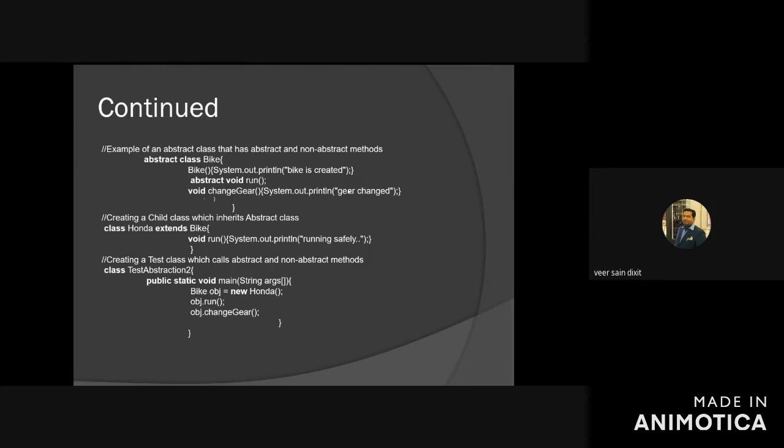After that you will create another class which will have the main function, and within the main function you will create an object of the abstract class type in which you will pass the reference of the subclass, and the subclass method can be called in this fashion. So this is the entire idea of this program.